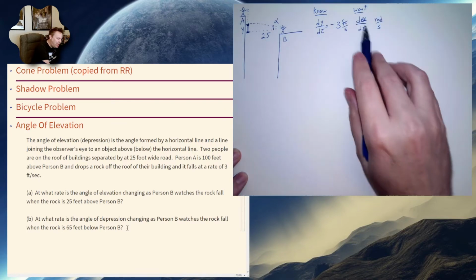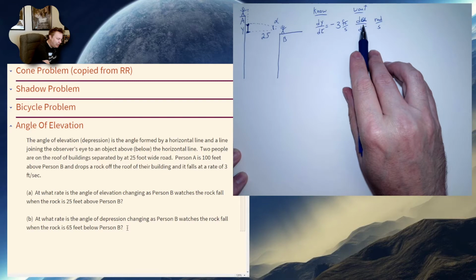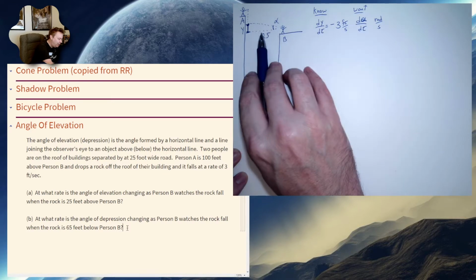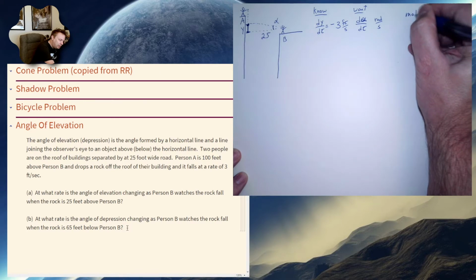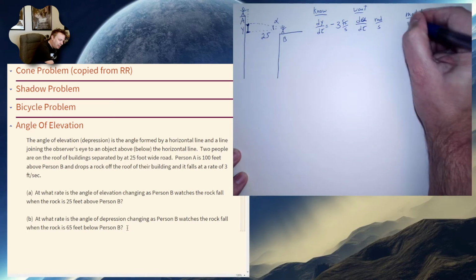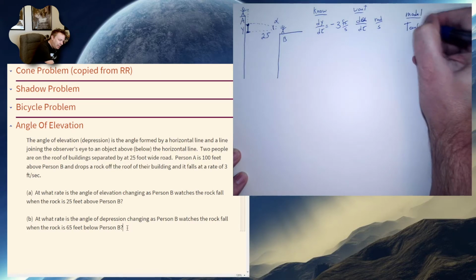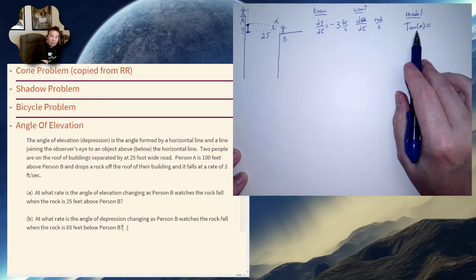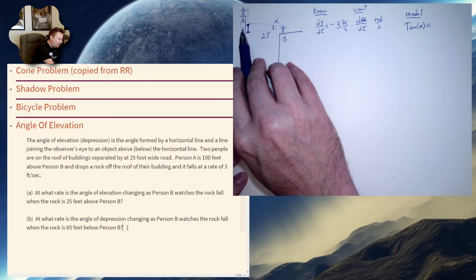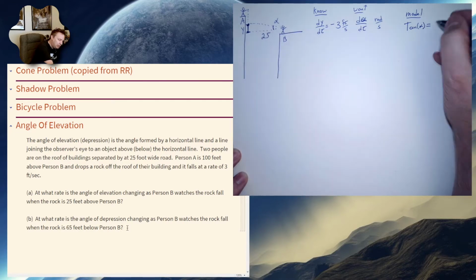So how do I get a d alpha/dt out of this picture? Well, a nice model for this is tangent. Tangent of alpha is opposite over adjacent, y over 25.